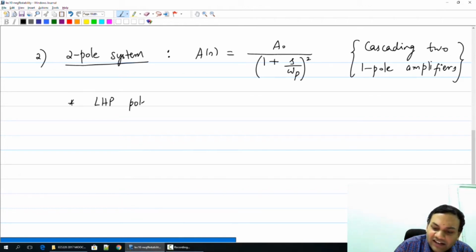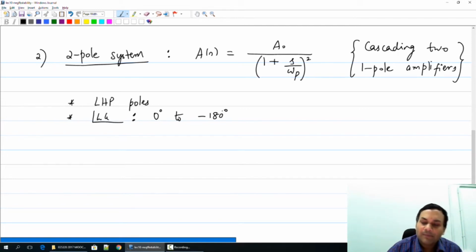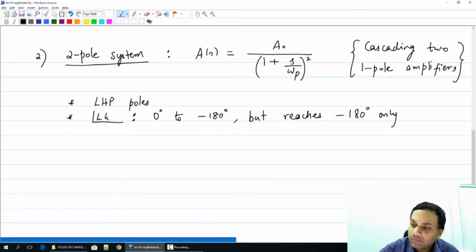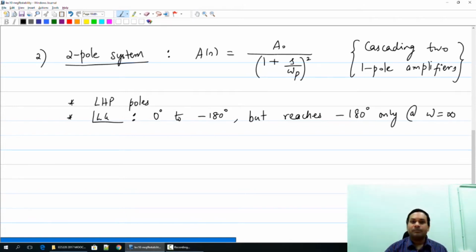So now what do we know about this system? The nice thing is, again, it has left half plane poles. The phase spans 0 to minus 180 degrees, but reaches minus 180 degrees only at omega equals infinity.